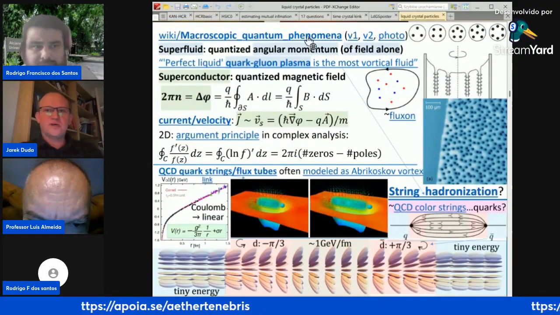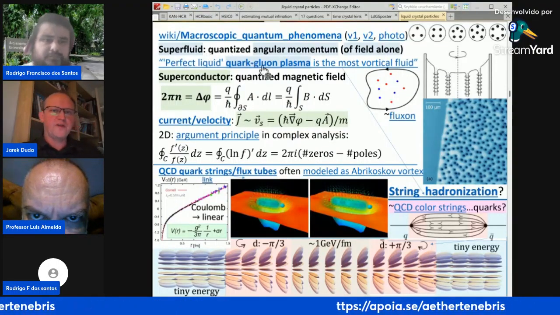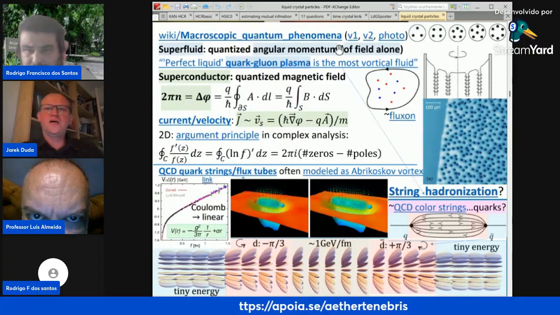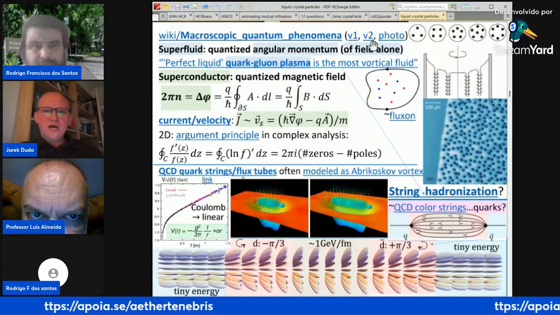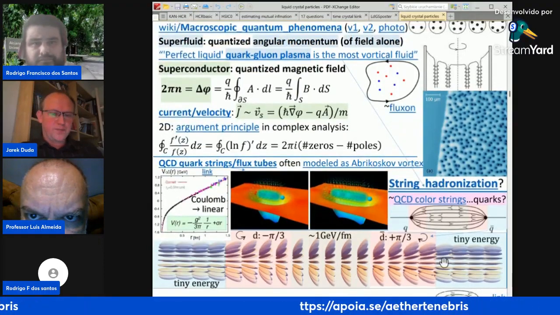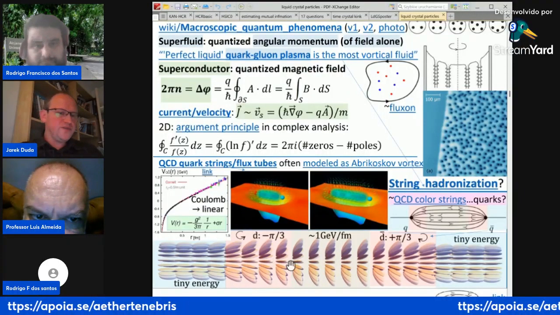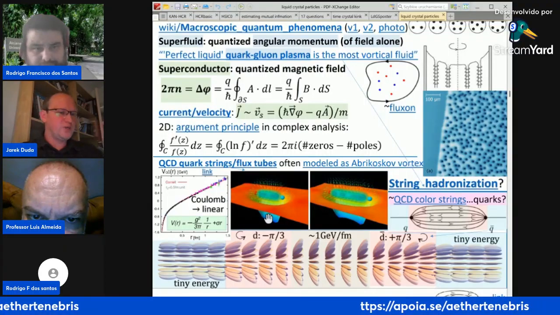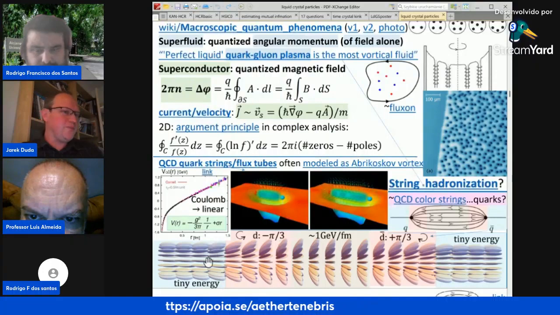This is called the Abrikosov vortex. So there is this perfect liquid quark-gluon plasma, but many vortices are these quark strings. So here is this view of the quark-antiquark pair. We have this quark string as a topological vortex, and if we rotate this field, like here, this inward-outward rotation, then if we rotate by pi, we get a hedgehog.